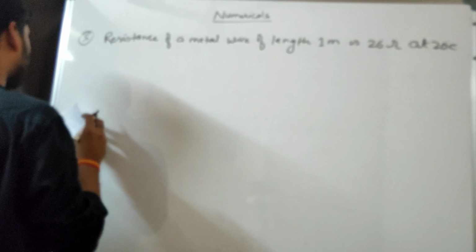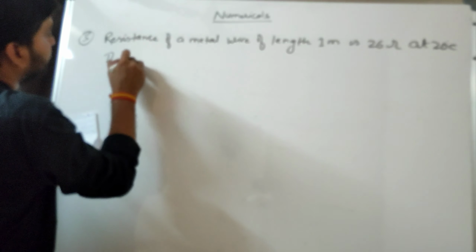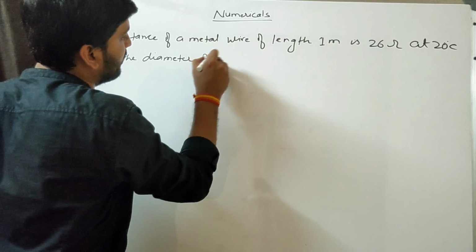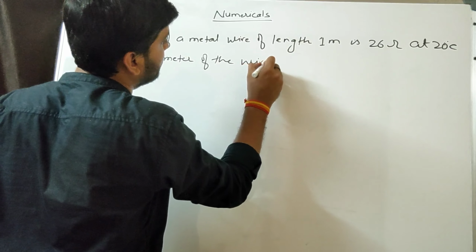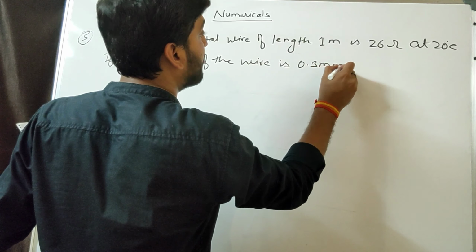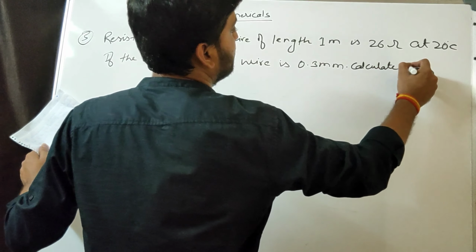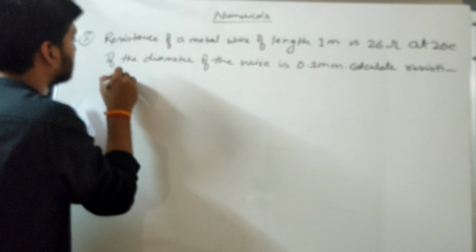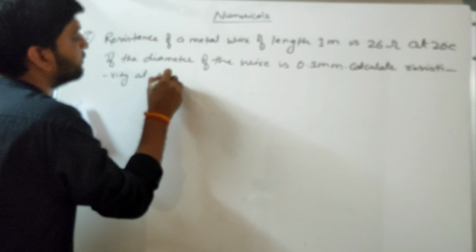If the diameter of the wire is 0.3 mm, calculate its resistivity at the same temperature.